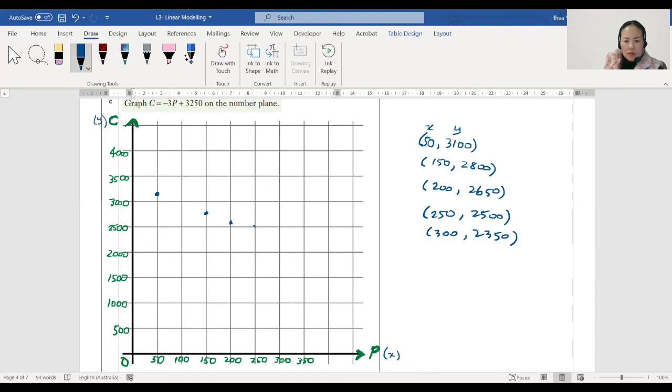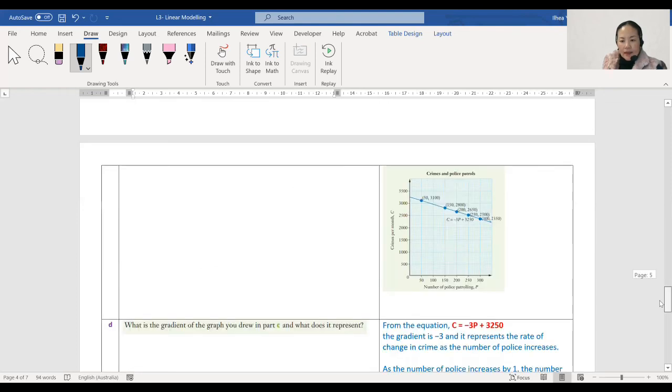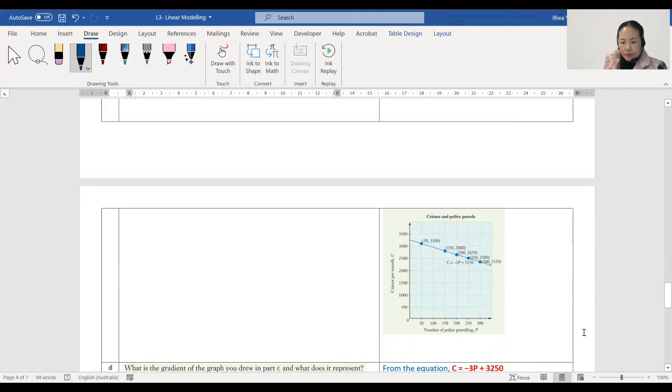Oh, that's going to be pretty slow there. 300 and 2,350. I'm just doing roughly. Yep, looks okay. Now, if I do it properly, that's what I've got here. Okay, can you see this? Go straight down.